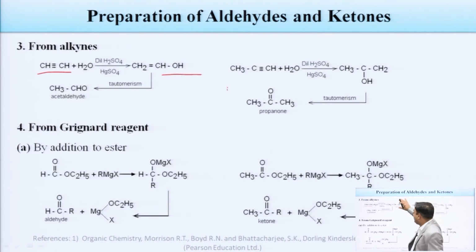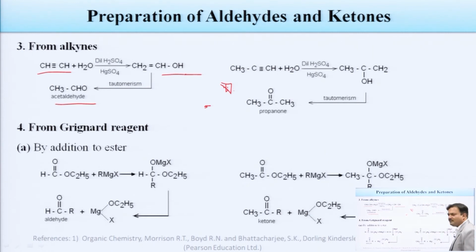So, that particular alcohol on tautomerism will provide aldehyde. So, there is a possibility of tautomerism or keto-enol isomerism in which these two forms are interconvertible. So, we are getting acetaldehyde from the alkynes.